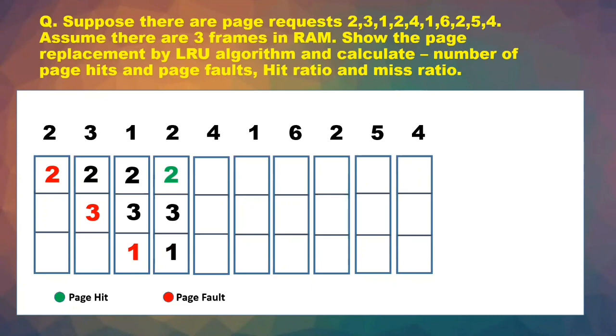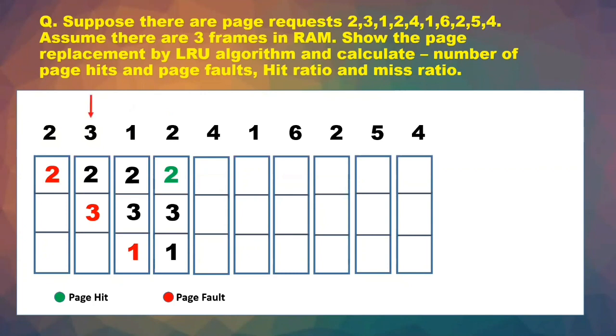Now 4. Between 2, 3 and 1, which page is least recently used? We have to see in the backward direction. So 2 is most recently used, then 1 is used.